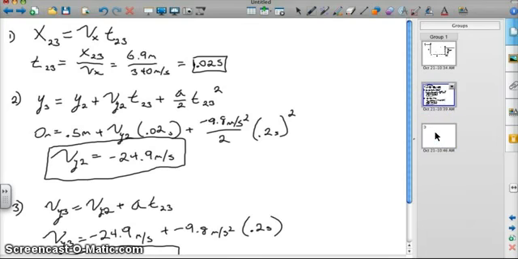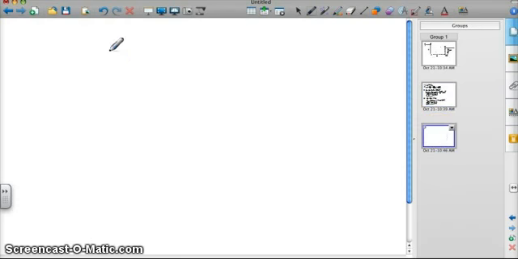Our next step, step 4, is going to be the velocity in the y direction at point 2 at the window is equal to the velocity it was fired at, which is the vertical velocity at point 1, plus the acceleration due to gravity times time, but this is going to be the time that passes from point 1 to 2, the point when it was fired to the point when it hit the window.